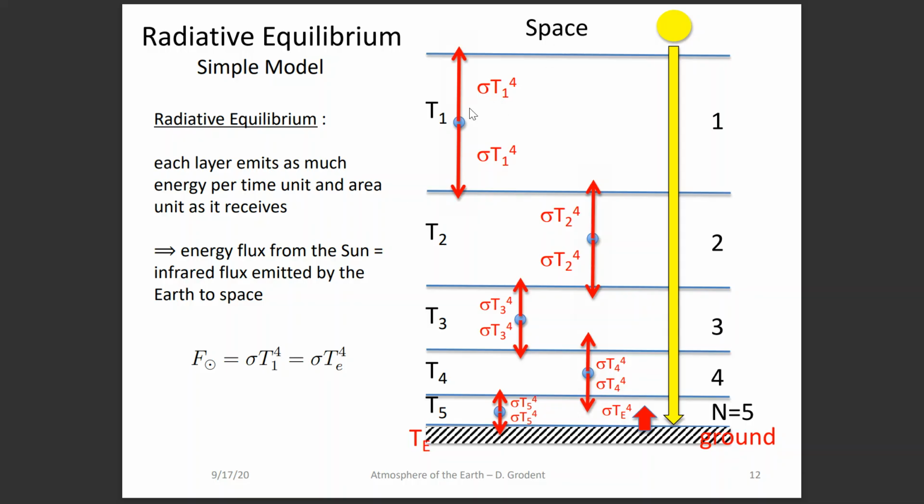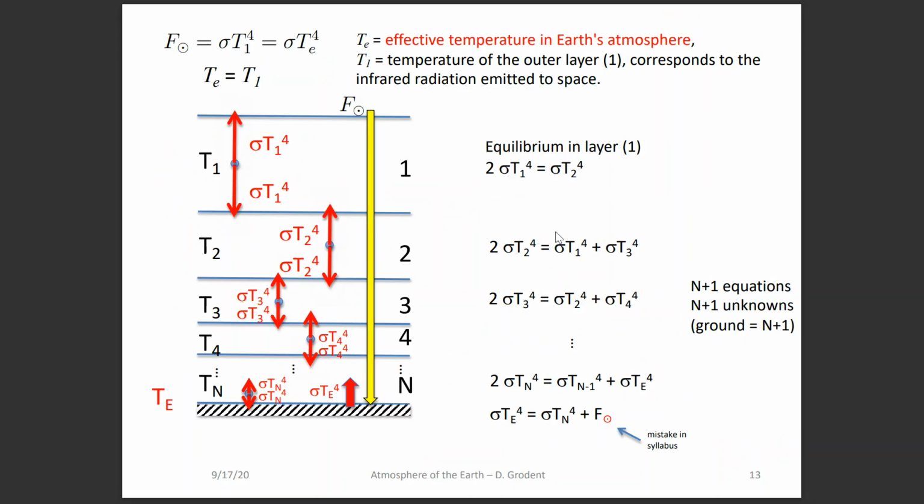Sigma T1 to the power 4 is what is emitted to space. So what is entering is what is going out. T1 is the emissive temperature of the Earth. TE is the effective temperature in the Earth's atmosphere. T1, the temperature of the outer layer, corresponds to the infrared radiation emitted to space.